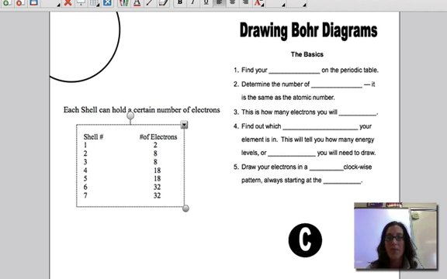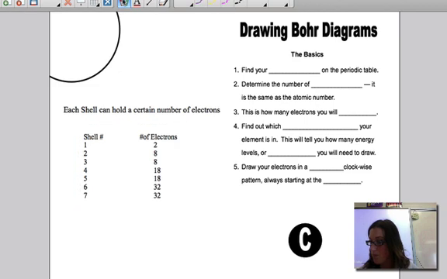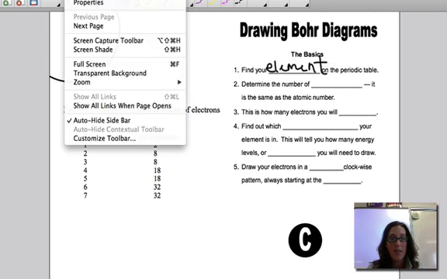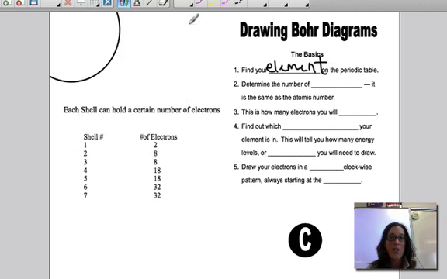All right, the first step to drawing these board diagrams is to find your element on the periodic table. After you find your element, you need to determine the number of electrons.